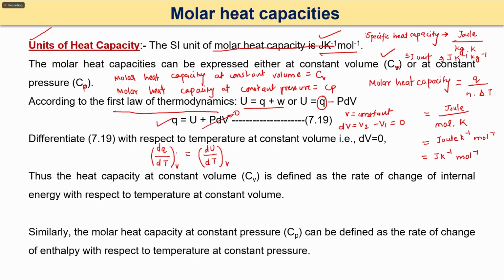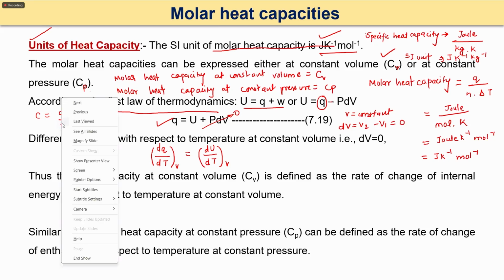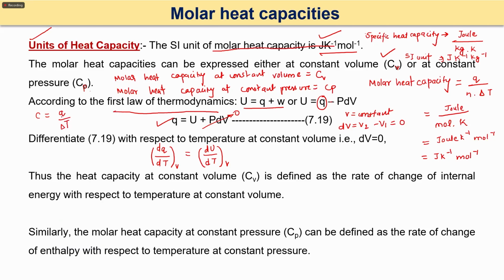And we know that your C is Q by delta T. So if this is the case, then this term will become CV.